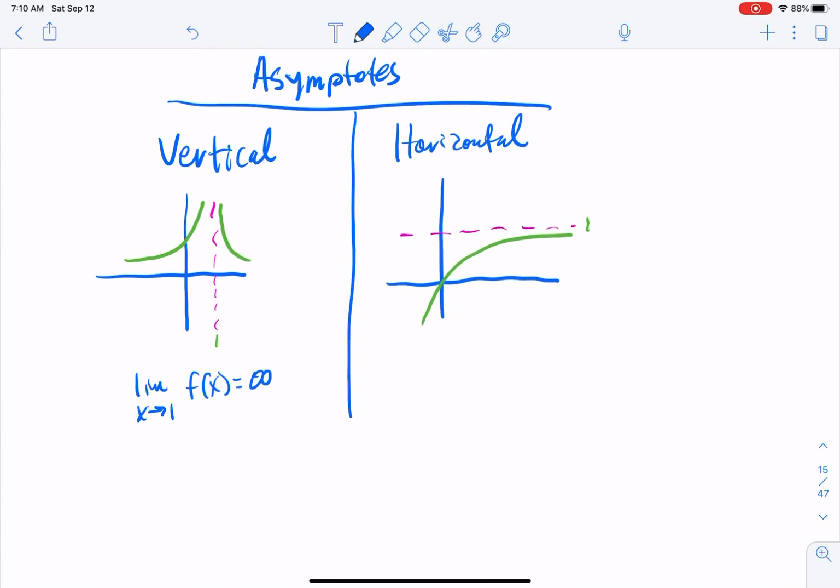This time, whenever I write my limit, it's going to be the limit as x approaches infinity of f of x is equal to 1. For a horizontal asymptote versus a vertical one, notice that the x and the y values basically just switch places. I want to be able to easily recognize the difference between these two things and associate this one with a vertical asymptote for a graph and this one with a horizontal asymptote.